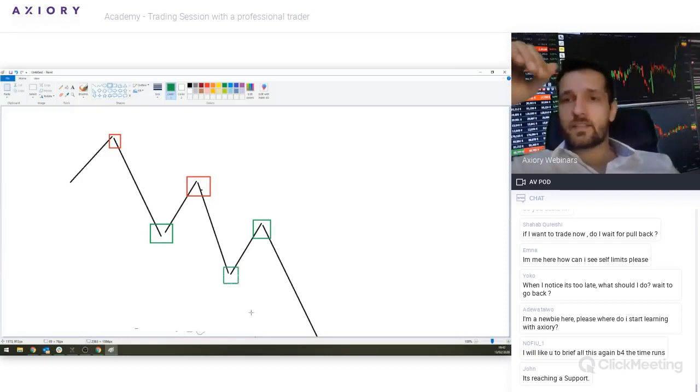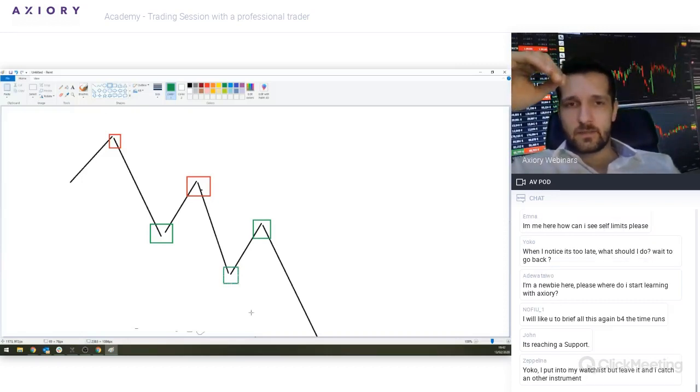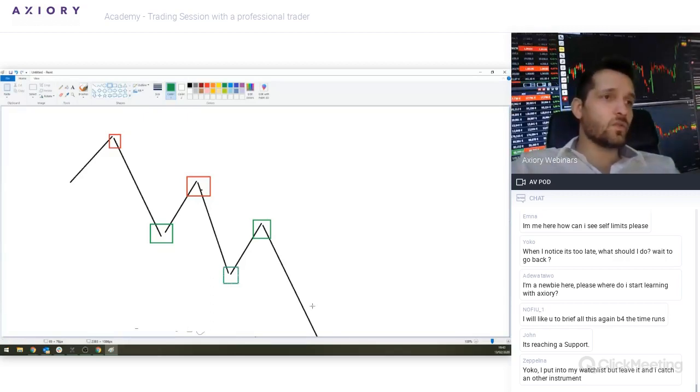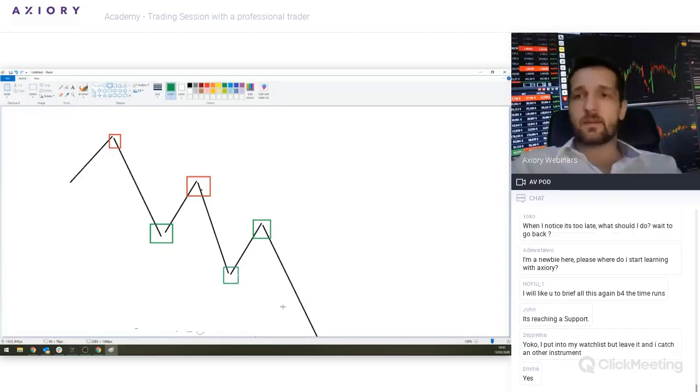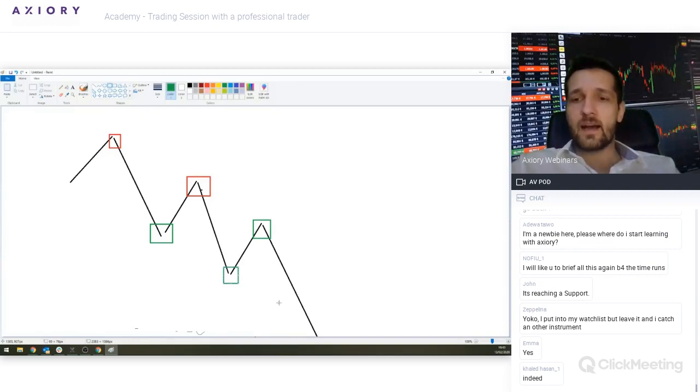I'm trying to catch the end of the corrections to enter the trend, but with a better price. Does it make sense for you? Does it make sense that I don't want to open with a bad price, but I want to open with the best price in the trend, which is after the correction? Thank you very much that it makes sense.